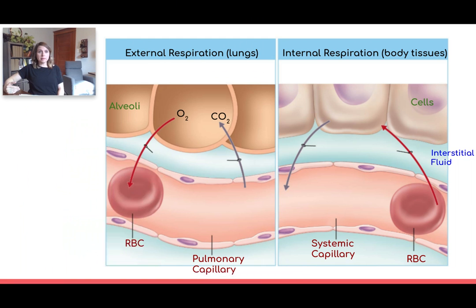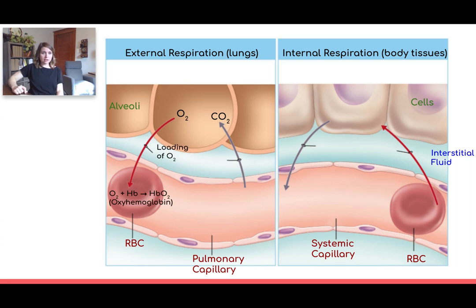These arrows represent the gas exchange occurring. We know oxygen wants to go into the bloodstream in my lungs. The goal is to get it in there. The red arrow represents the oxygen, and it is binding to that red blood cell.